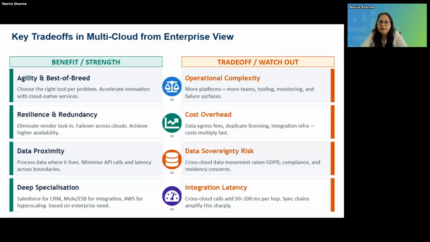Now, if we have chosen the right tool based on the right capability, we should also know that the more clouds we introduce, the more operational complexities we may get into, right? Those operational complexities are the trade-off. You need those skills of people, you need those teams whenever you're delivering something. So it's not always easy to support multiple clouds. But again, we should always do the best thing which is possible for the enterprise.